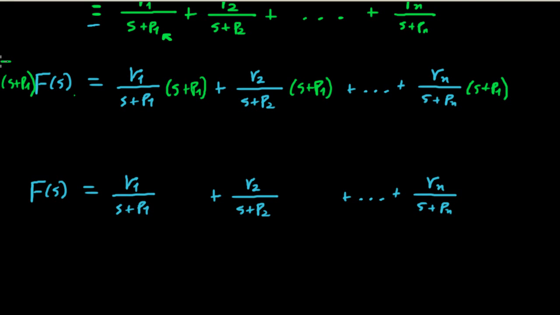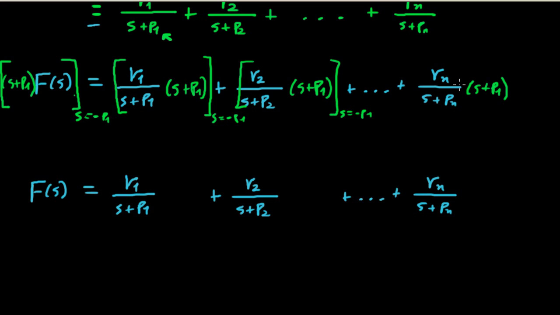And now we assume that s is equal to minus p1. That is, if we particularize each one of these functions at s equal to minus p1, what do we get here?